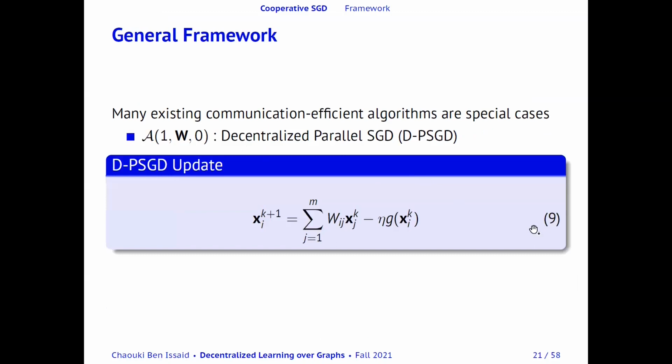We can see in equation 9 the per node update, and it has two components. The first part is obtained by mixing the model of node i with its neighbors. And the second part is simply running one SGD step.